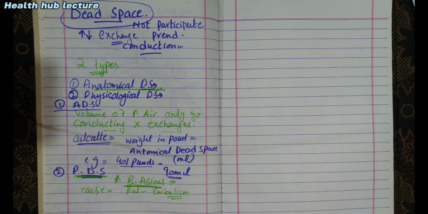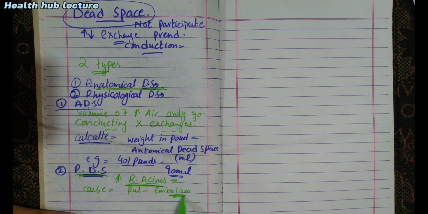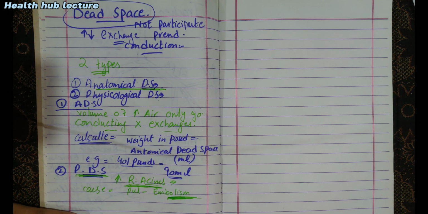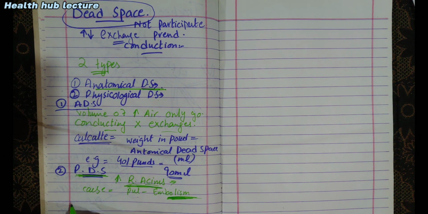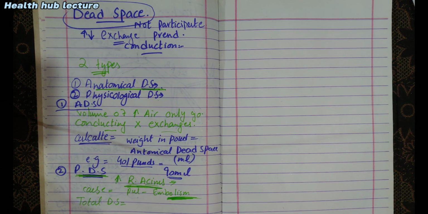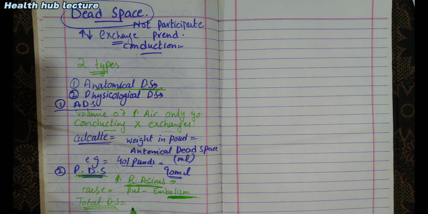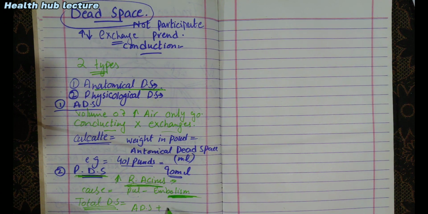Next, after this physiology, we can start the pathology. Now, total dead space: how we can calculate the total dead space. When we total, we add the sum of the anatomical dead space and the physiological dead space.